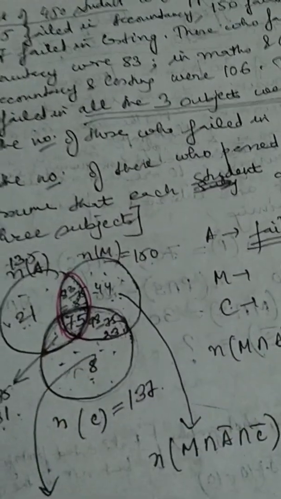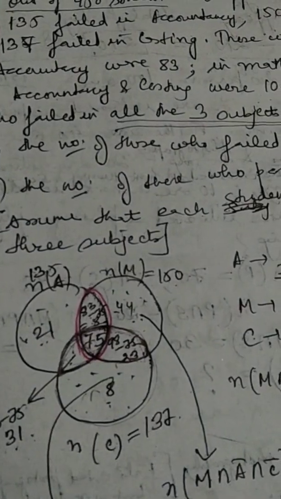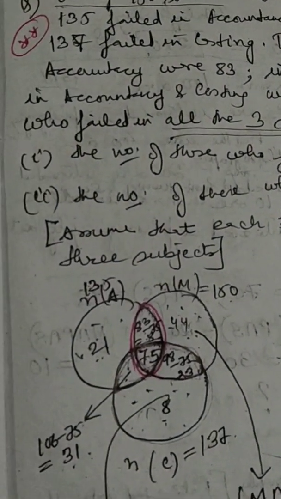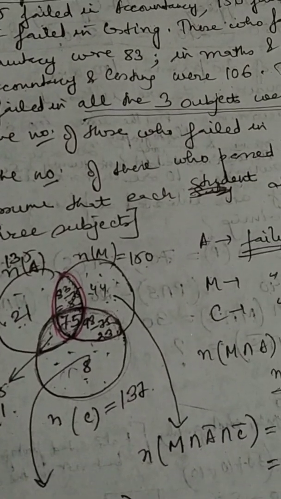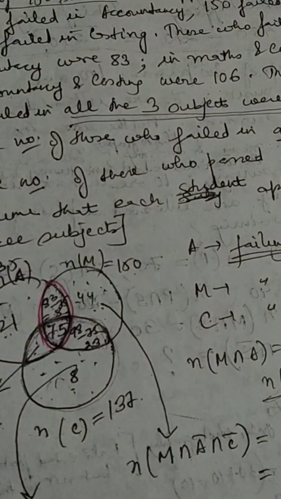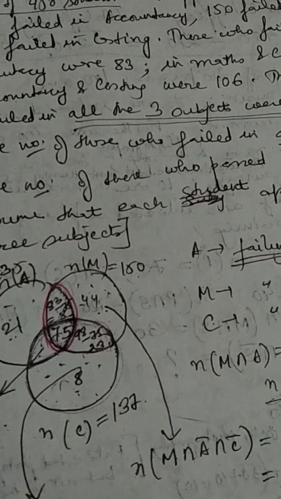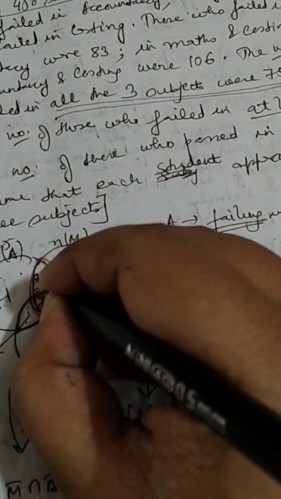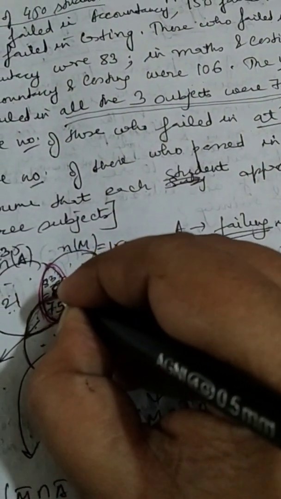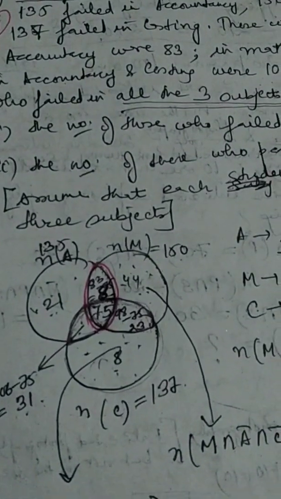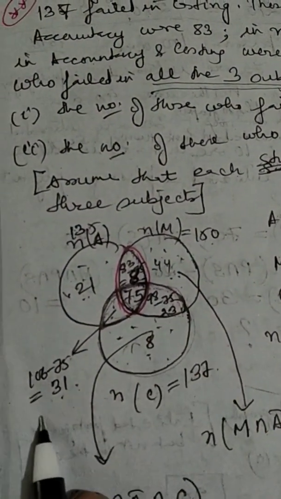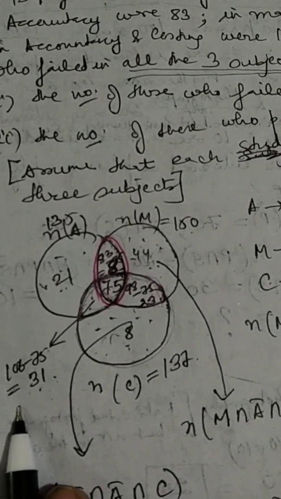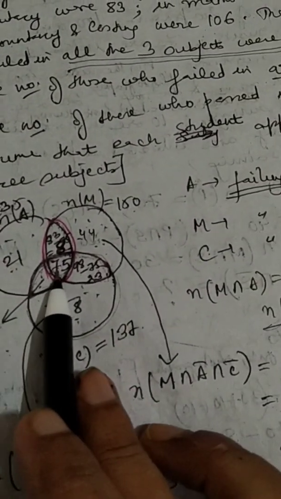How much was this? 83 minus this one. 83, yes, 83 minus 75, that is 8. Yes, this is 8. This is 23 and this is 31. Okay, and this is 75.